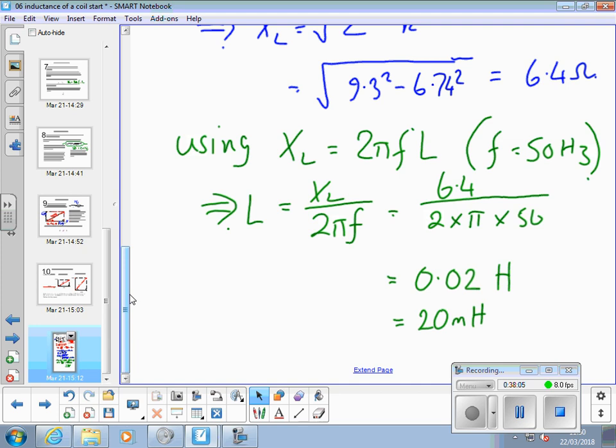So, using DC current to determine the resistance, because we know inductance doesn't do anything with DC current, and using AC to determine the impedance, and then doing a bit of calculation gives us the inductance of this coil.